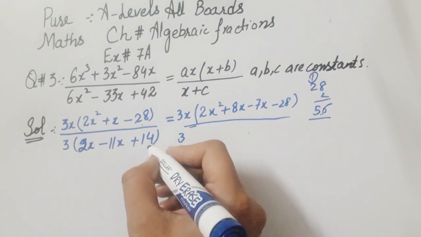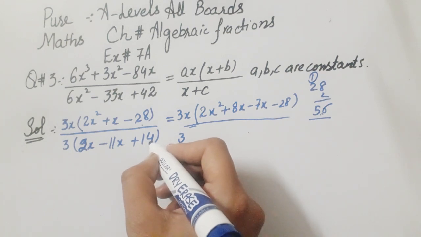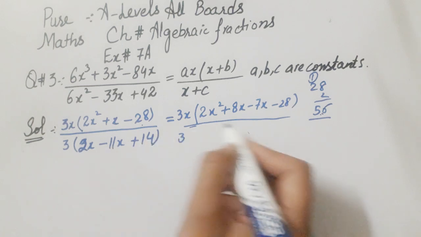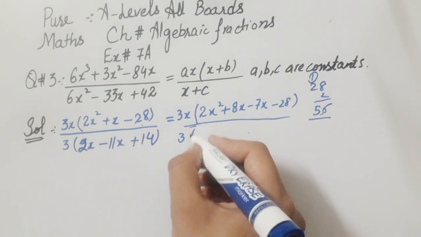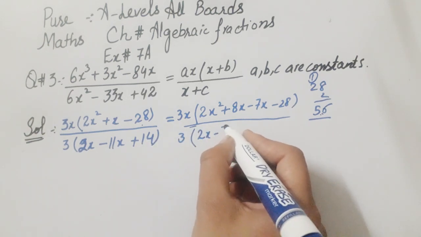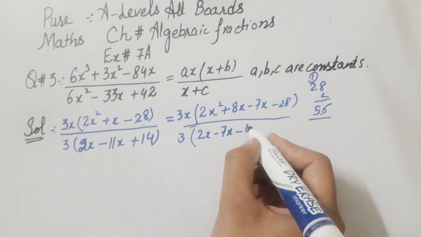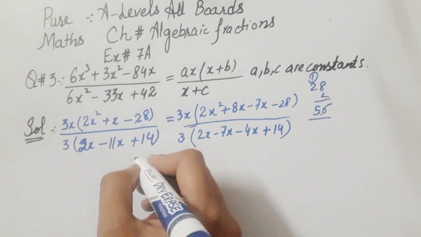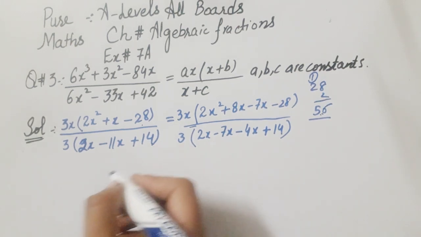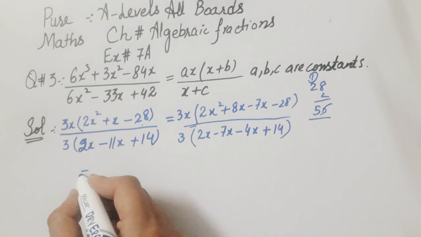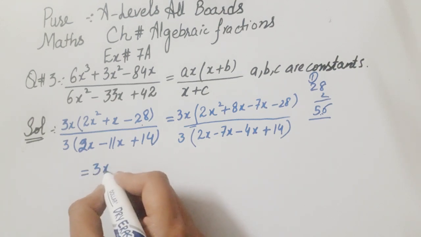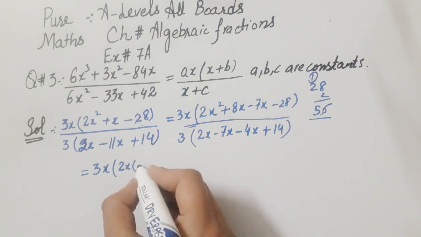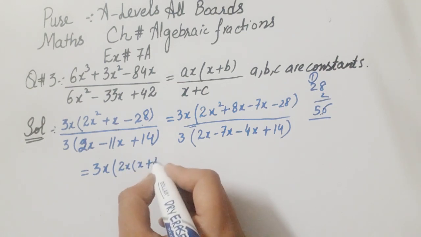And then make the factors of 28 such that when they are added they give 11. So 7 into 4 is 28. So you will write this as 2x² − 7x − 4x + 14. Now we will have 3x, and by taking 2x as common, the remaining is x + 4.